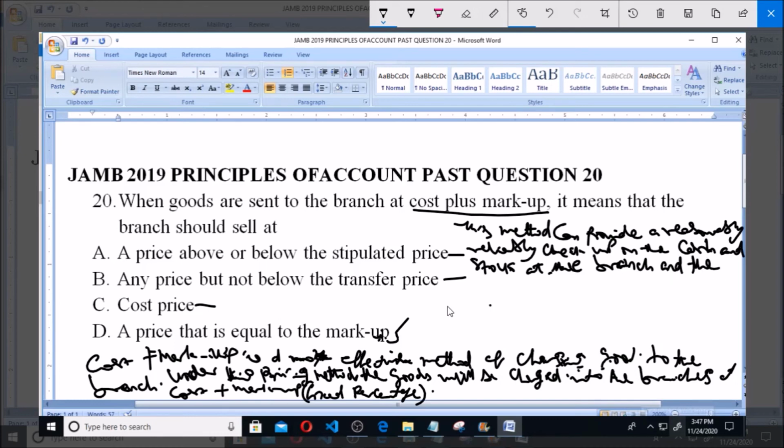And the gross profits will be disclosed by the accounts.